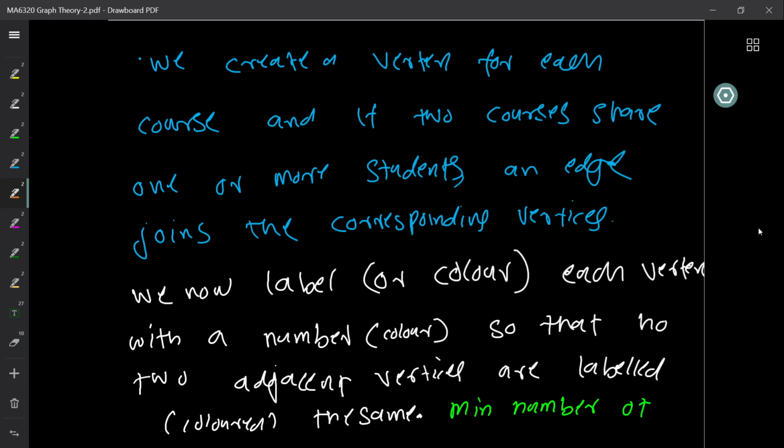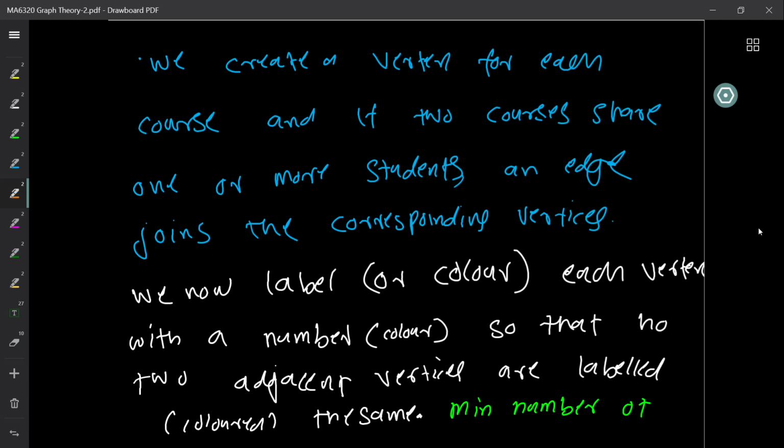So each course's exam day will be decided by the label. Now we want to label the vertices such that two vertices which are adjacent should not have the same label. That is what the question reduces to, and this is called coloring in graphs. So we are talking about properly coloring the vertices. Coloring is basically labeling in a fancy term, such that no two adjacent vertices are colored with the same color.